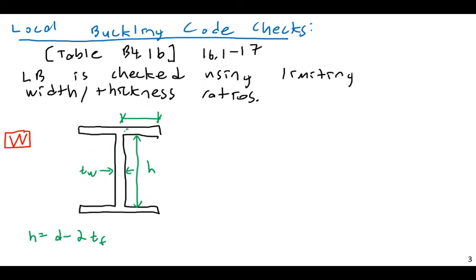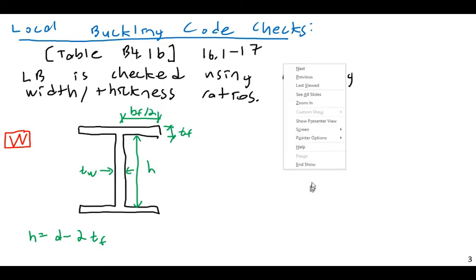And then when checking the flange plate, this is going to be my plate length, and this is going to be my plate thickness. So this is the thickness of the flange, TF, and the crucial dimension here is BF divided by 2.